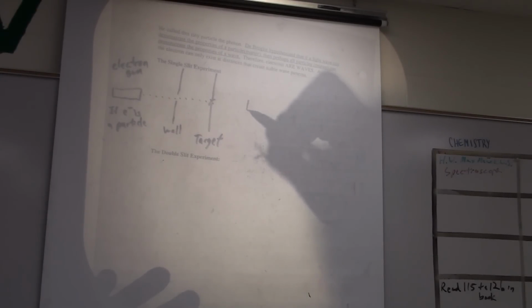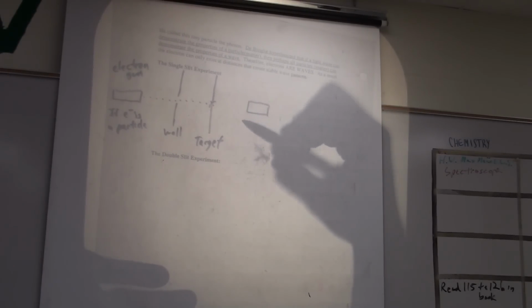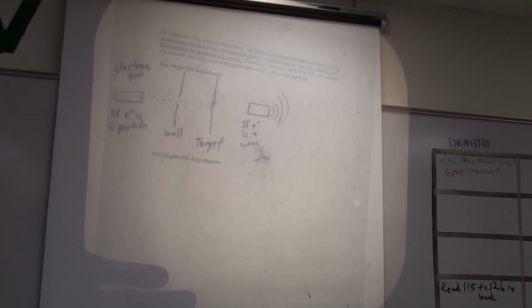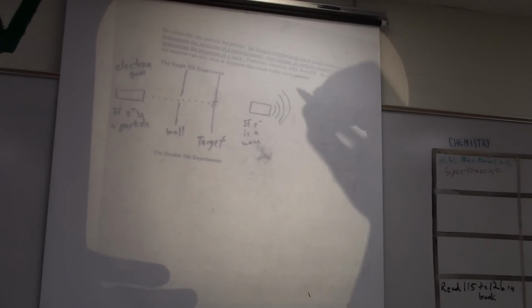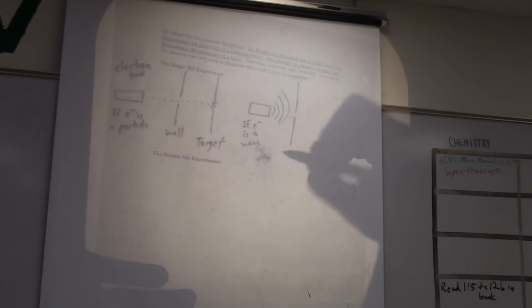But what if the electron is a wave like de Broglie is suggesting? If the electron is a wave, waves spread out, right? And what's going to happen when it hits the wall?